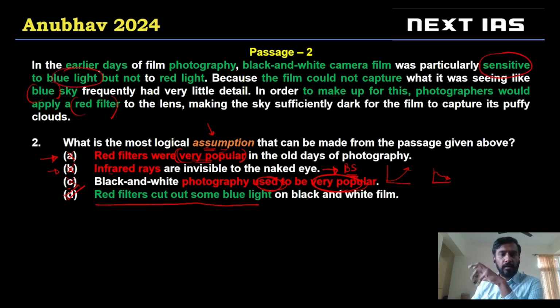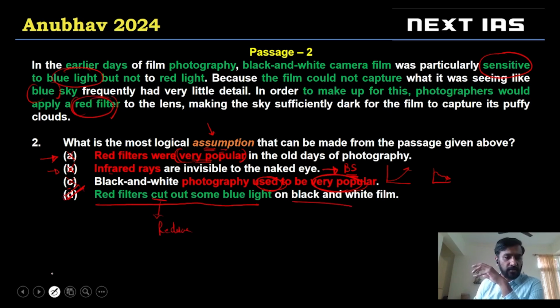Black and white film is sensitive to blue light, and black and white film, therefore, is filtered using a red filter to then reduce that. So, red filters cut out or reduce some of the blue light on black and white film. So, option D is the correct choice.